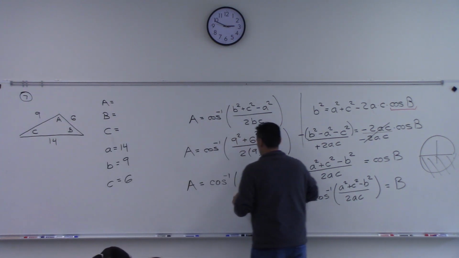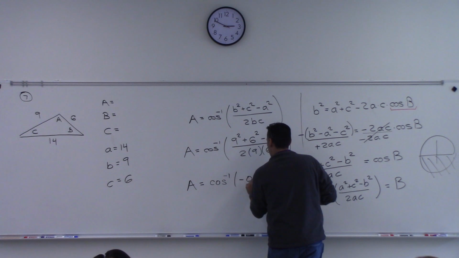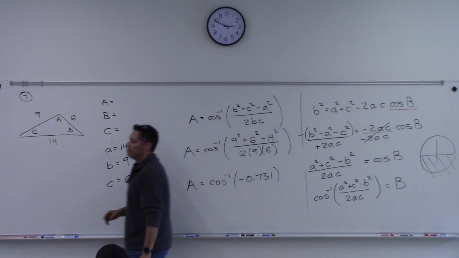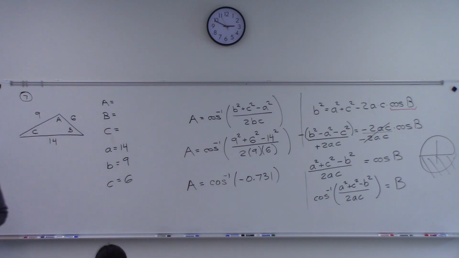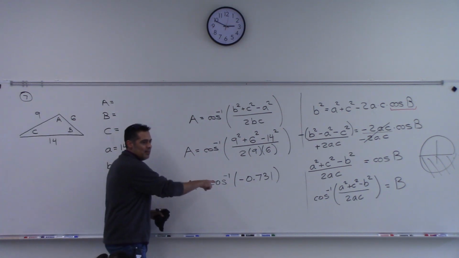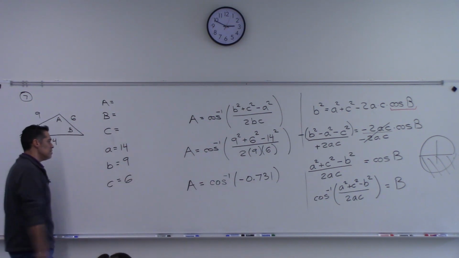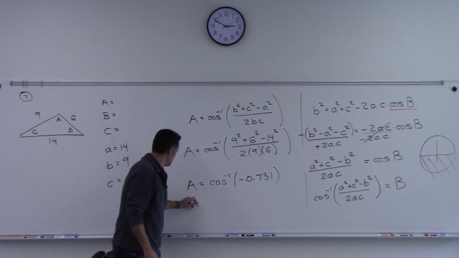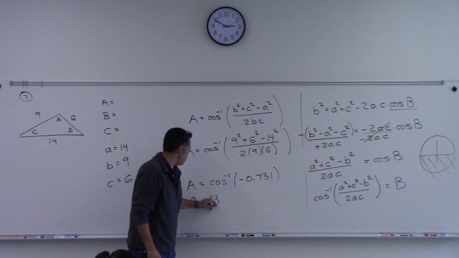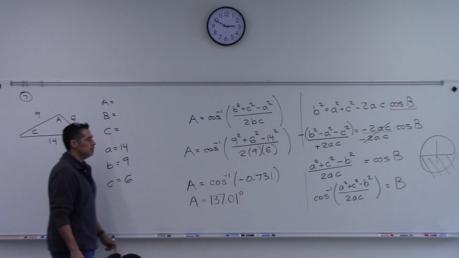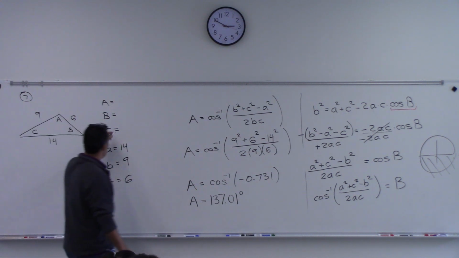All right, now, negative 0.731. It wouldn't even matter if it was positive or negative because cosine is an even function. So when you plug in positive, you get the same as negative, but technically it is a negative in there. Now do the inverse cosine of that on your calculator and give me the angle. 137.01 degrees. All right, we know capital A.